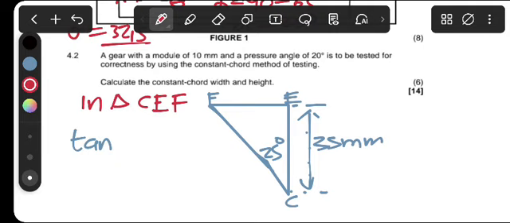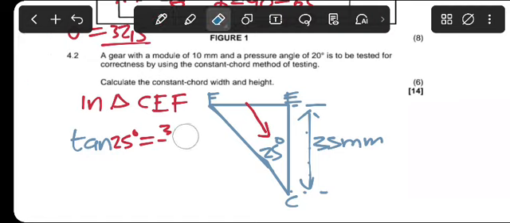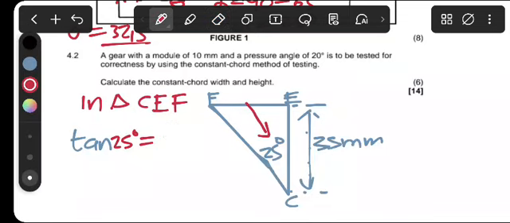Tan 25 degrees is opposite over adjacent, which will be EF divided by 35. EF is opposite, and 35 is adjacent.